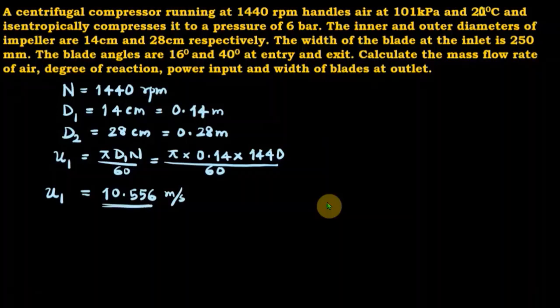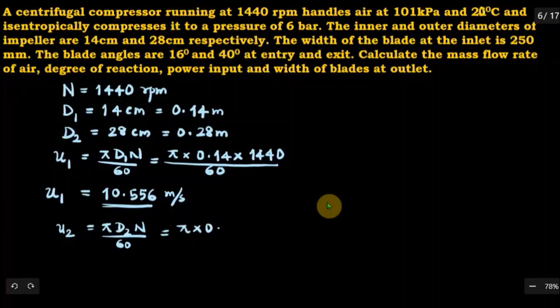Similarly, you can find out the tangential or peripheral speed of the vane or the blade, or even you can say runner impeller, at outlet, that is U2, equal to pi D2 N by 60, that is pi into diameter 0.28, that is twice the diameter of the impeller at inlet, 0.28 into 1440 divided by 60.